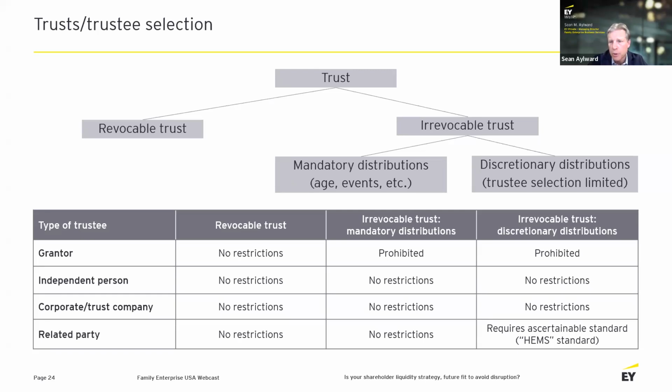It's when we have distributions that are discretionary that can cause some concern, right? Because a trustee serves in a fiduciary capacity for both the current beneficiaries and for future beneficiaries. So I may be the beneficiary of a trust for my lifetime, and then on my death, my share continues to be held in trust for the benefit of my children.